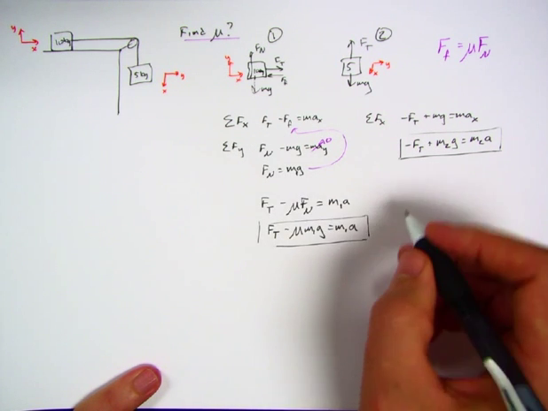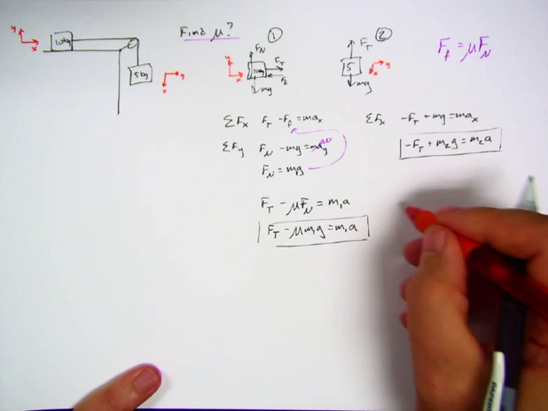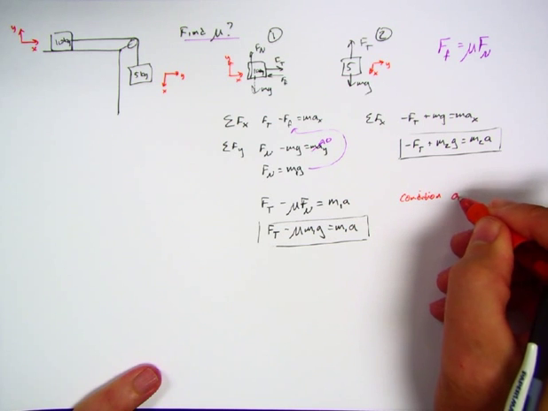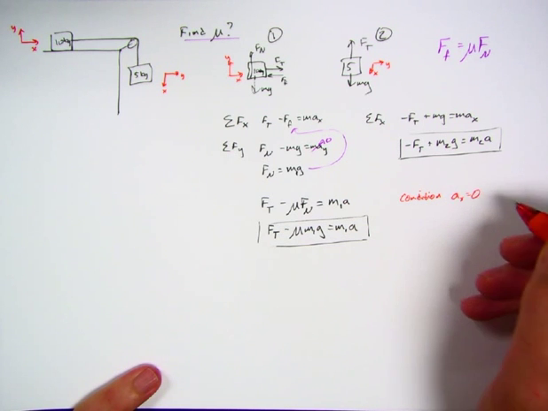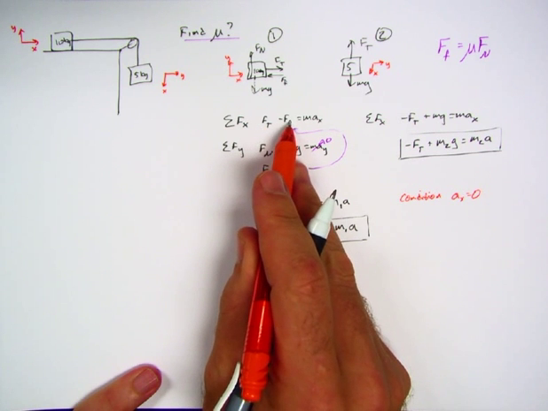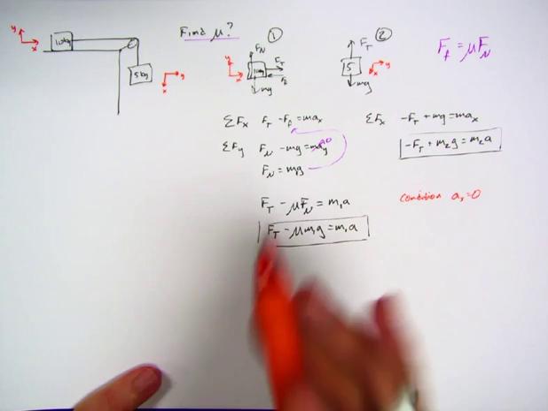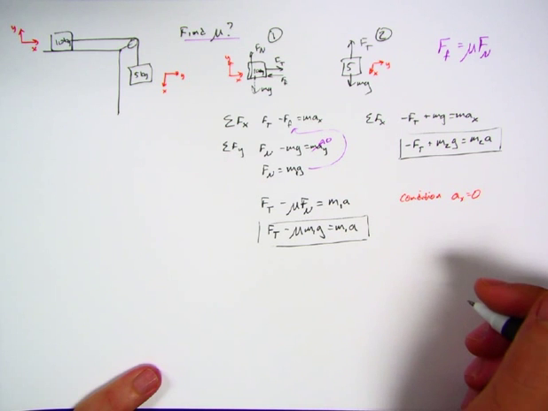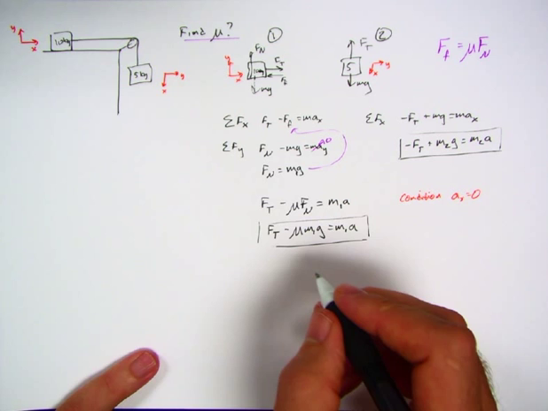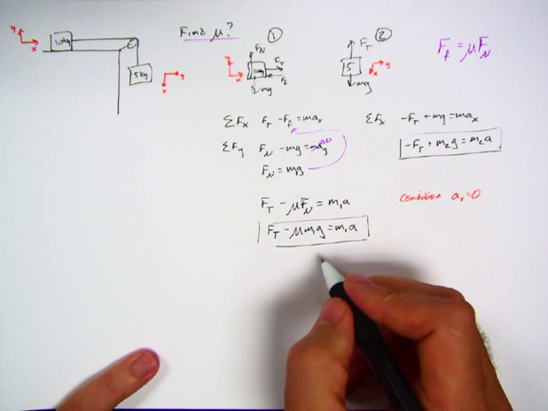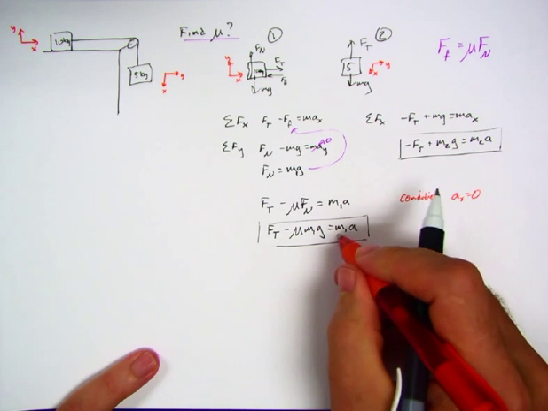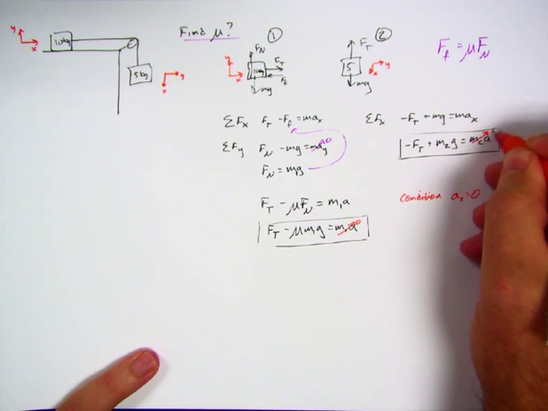Really what I'm looking at is my boundary condition, which is the acceleration equals 0. If the acceleration equals 0, the force tension exactly balances the force of friction. That's going to be the boundary between moving and not moving. So I can follow this through, set acceleration equal to 0, and follow this through, set that condition.